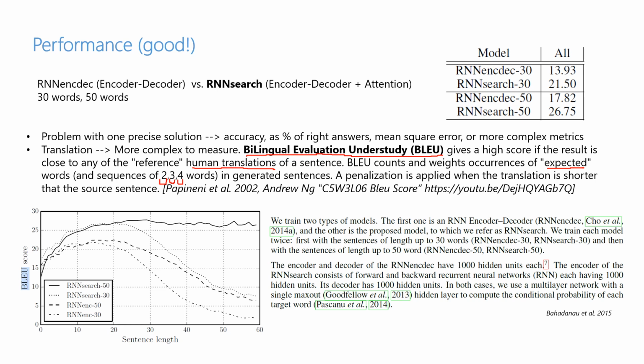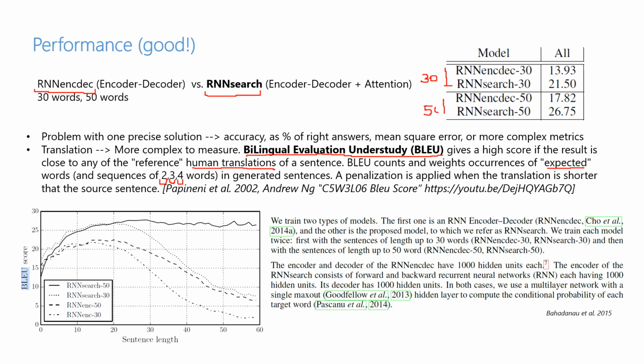Anyway, we see that this scoring mechanism is used, and the proposed model, which is an encoder-decoder plus attention, is compared with a similar model but without the attention module, which is RNNencdec. The main scoring is performed with sentences of two lengths, 30 words and 50 words.